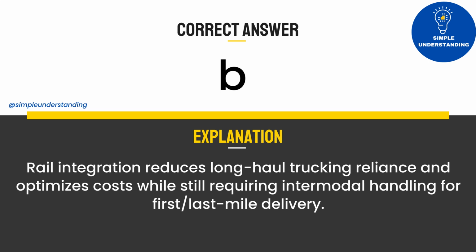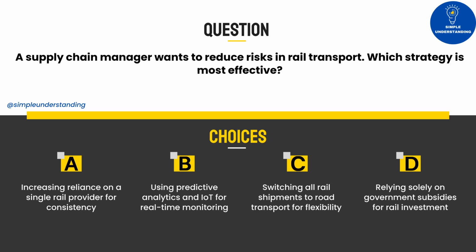mile delivery. 10. A supply chain manager wants to reduce risks in rail transport. Which strategy is most effective? A. Increasing reliance on a single rail provider for consistency. B. Using predictive analytics and IoT for real-time monitoring.